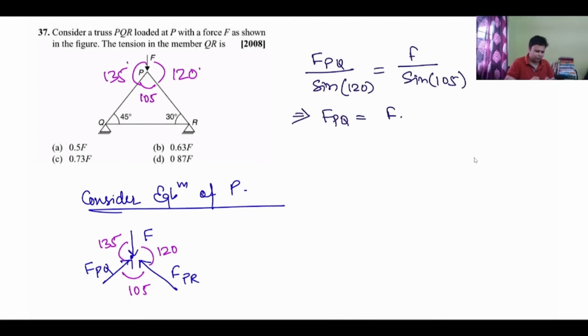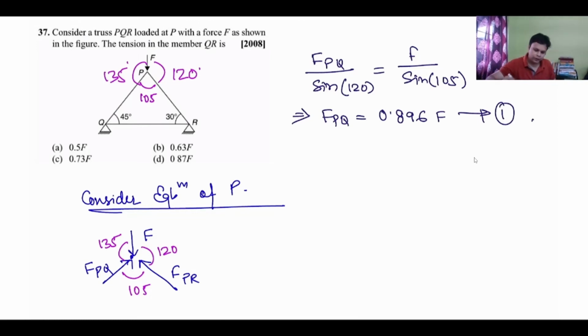I think one of the questions also had similar values. Sine 120 divided by sine of 135, I have written 135. So it is coming out to 0.896. So this is equation number 1.